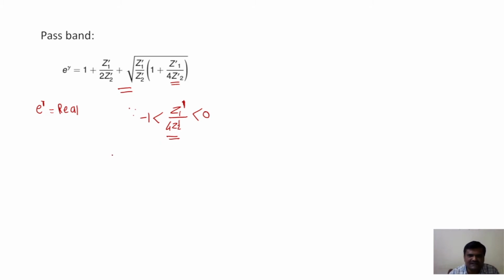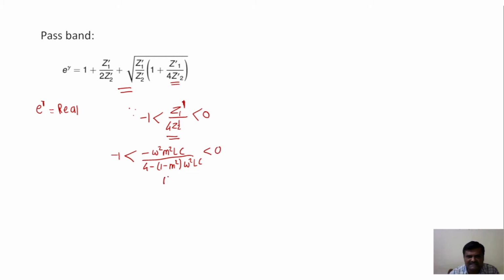So right here it is minus 1 less than minus omega square m square LC divided by 4 minus 1 minus m square omega square LC, which is less than 0.